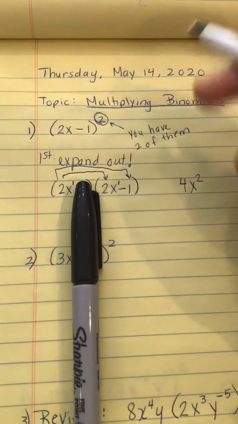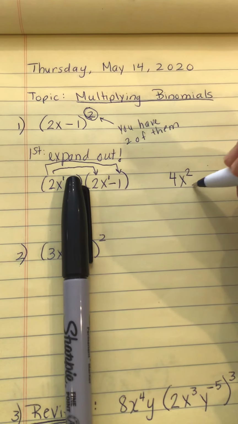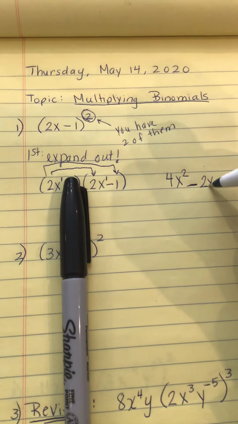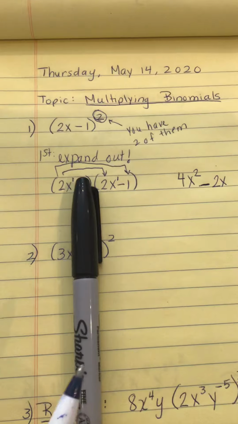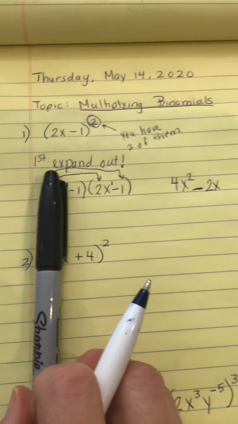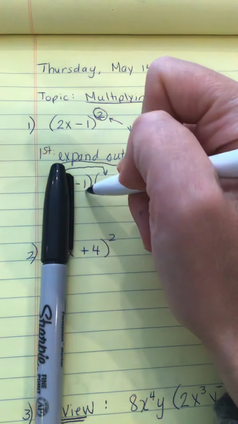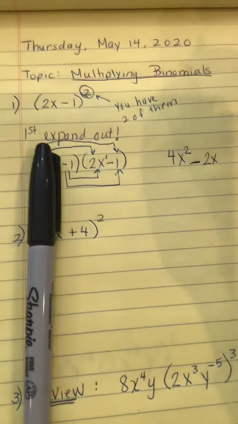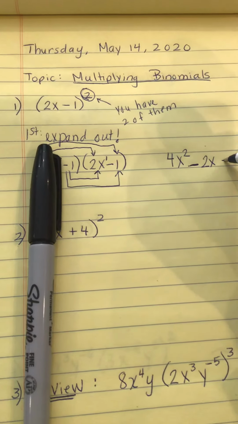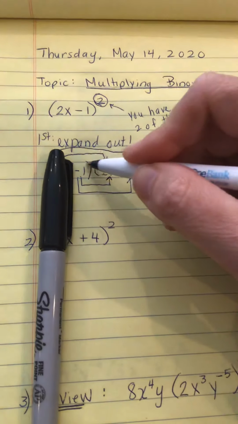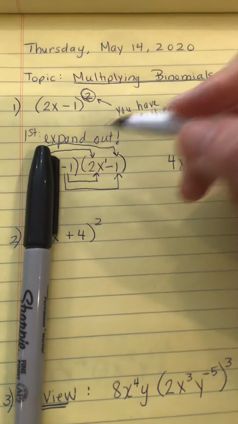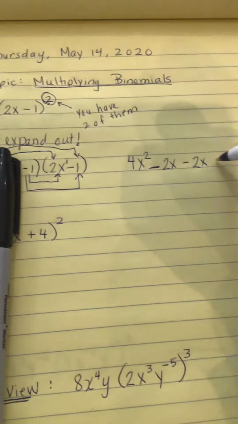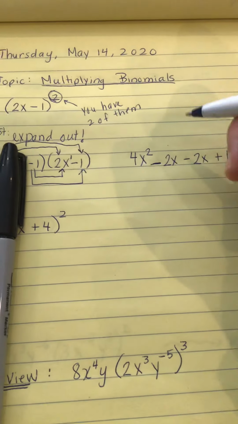And then 2x times negative 1 is negative 2x. All right, and then you're going to cover up the 2x now. And I'm going to do the negative 1. So I'm going to do negative 1 times 2x and negative 1 times negative 1. So again, that would be negative 2x, because it's negative 1 times 2. And then negative 1 times negative 1 is positive 1.